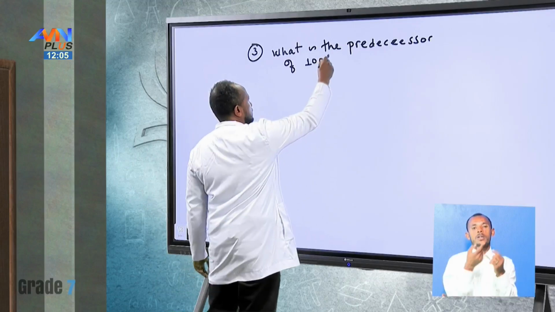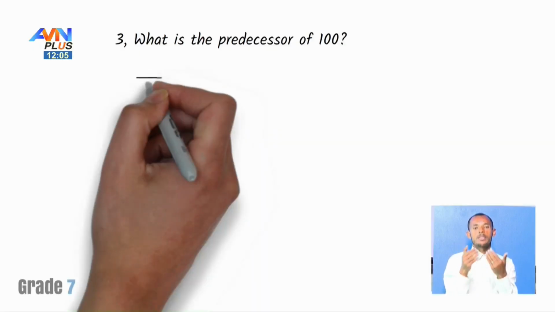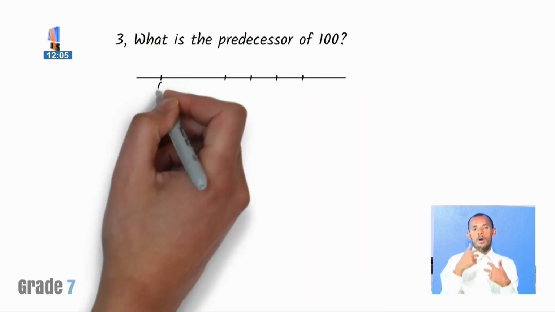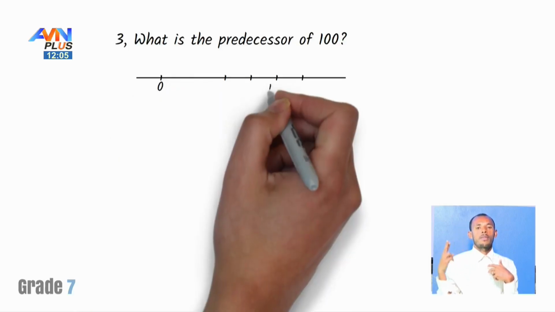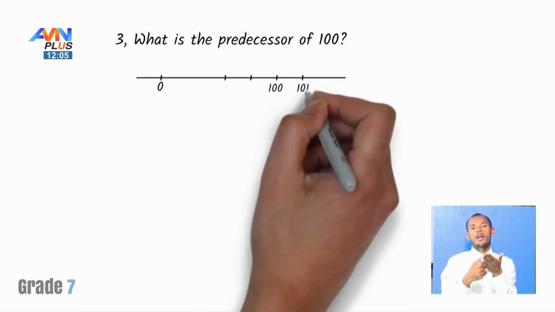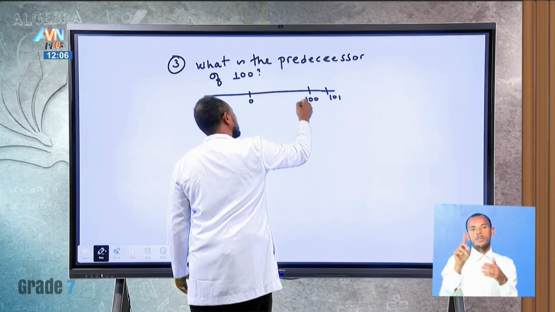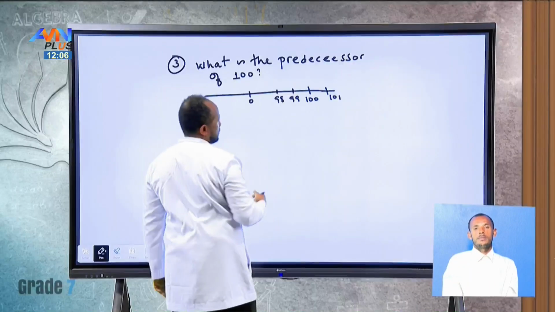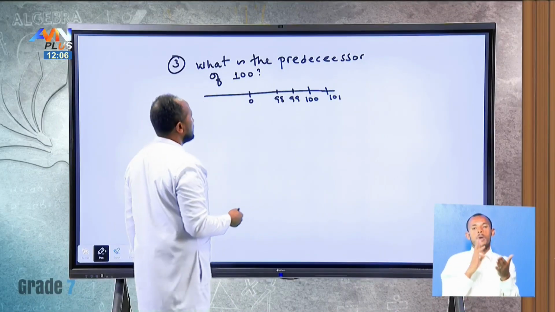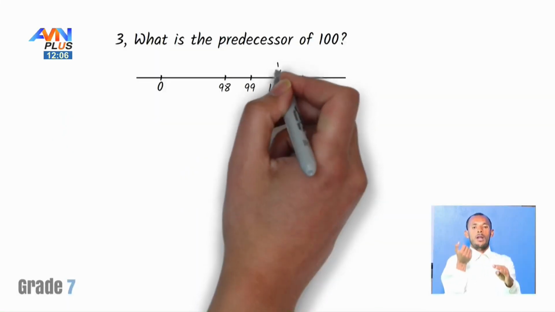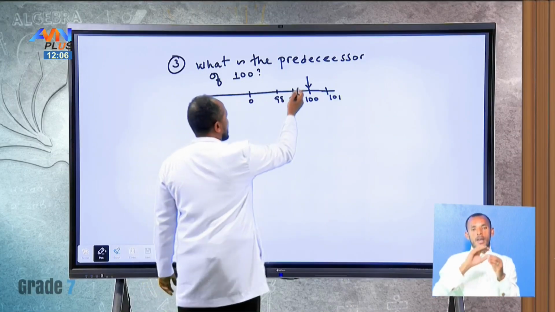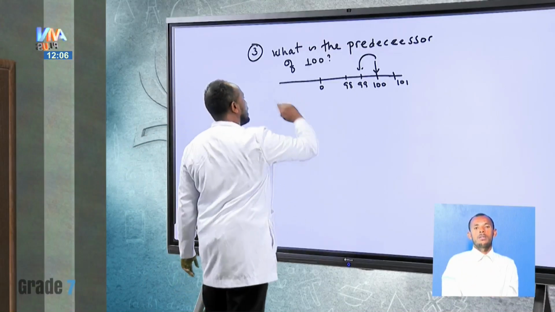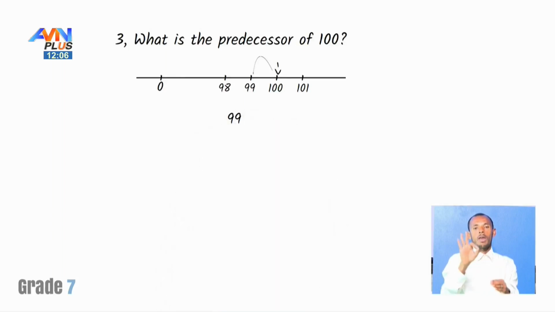To find its predecessor, simply sketch a number line, and you have 100 somewhere to the right, and assume 100 is here. Next to 100, you have 101 and so on. To the left of 100, you have 99, 98, and so on. So here, we are asked to find the predecessor of 100, that is, a number that comes before 100, which is 99. Therefore, the predecessor of 100 is 99.